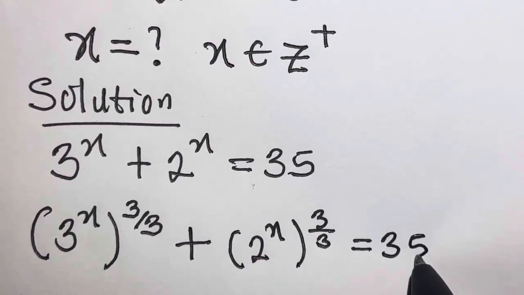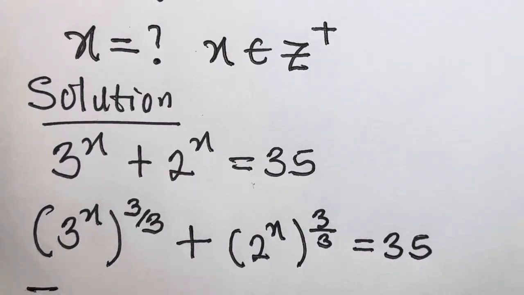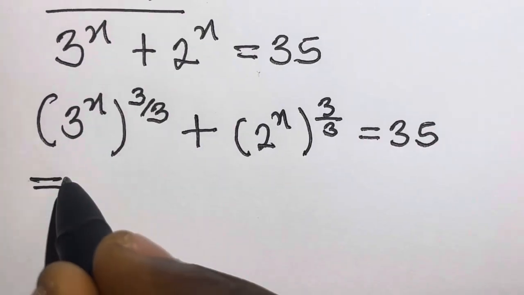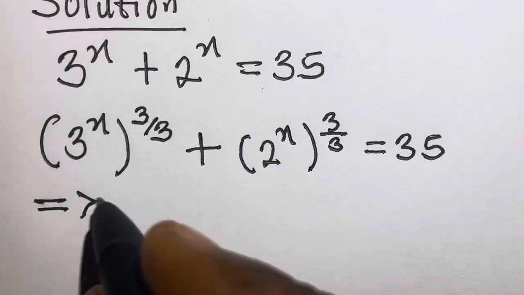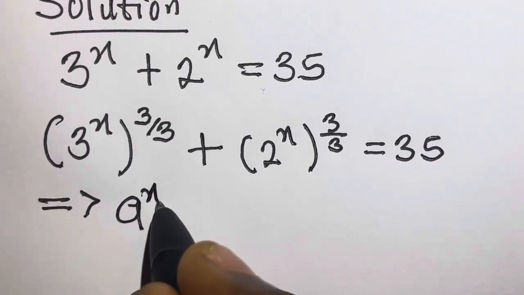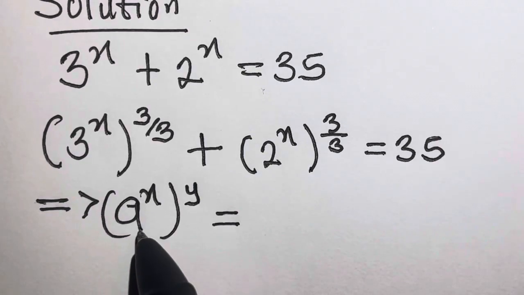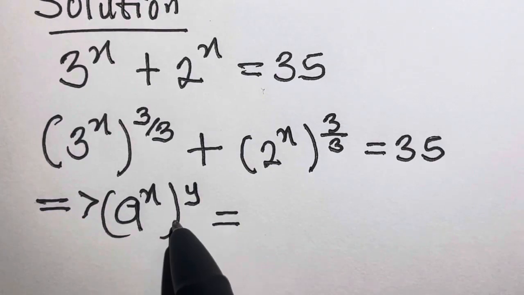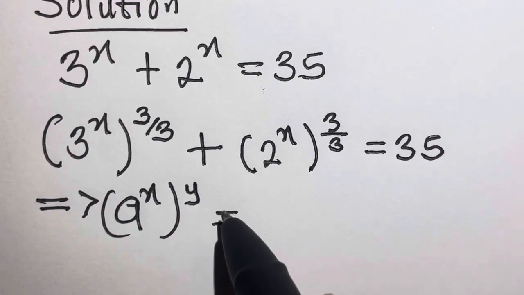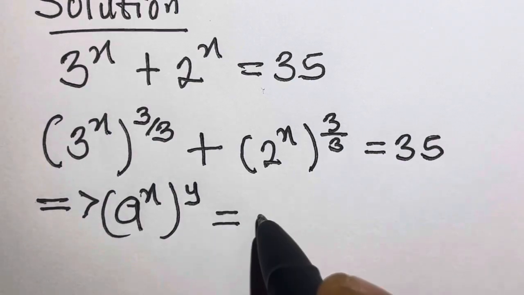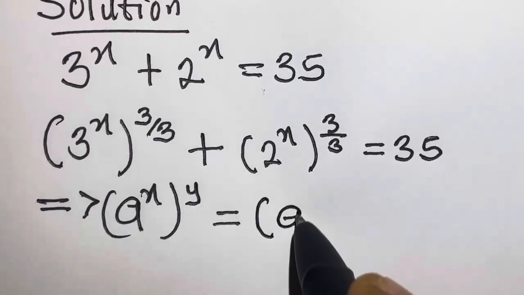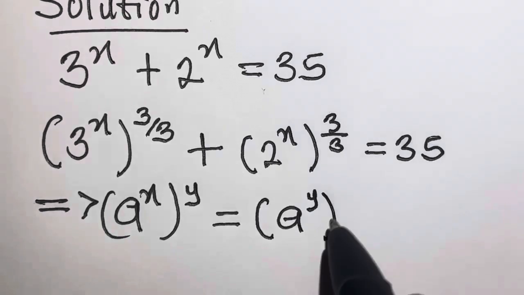equals 35. But let's recall that if you have a raised to power x, then raised to power y, this is the product power law. When a number which is raised to a certain power is again raised to another power, the powers are multiplied. So this is equal to a raised to power y raised to power x.